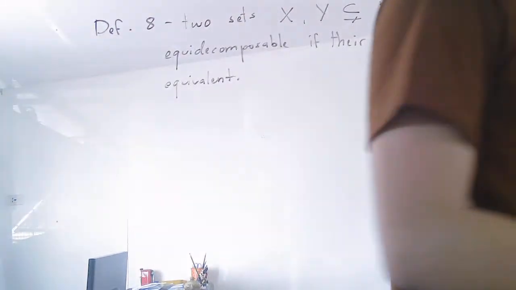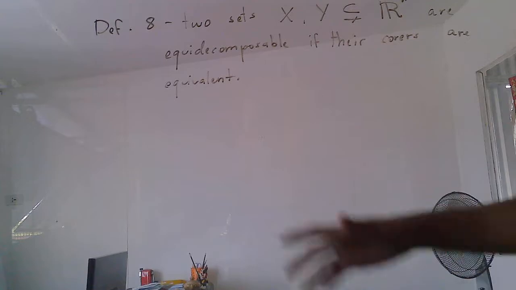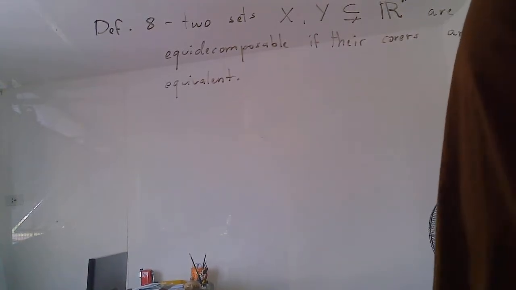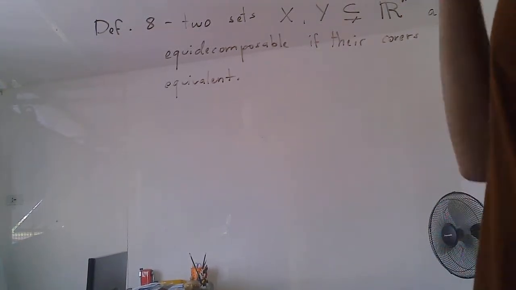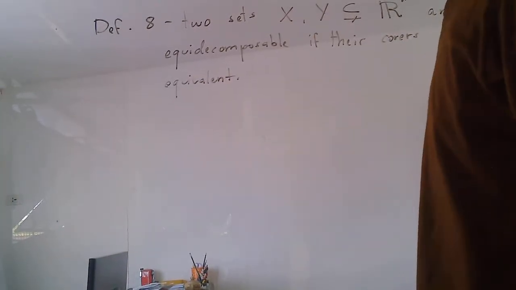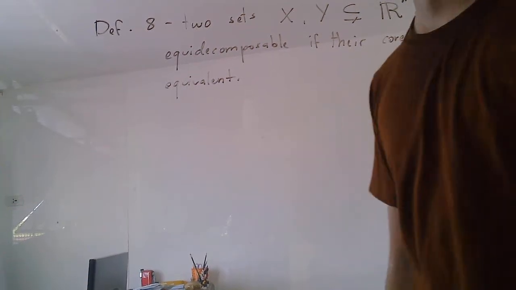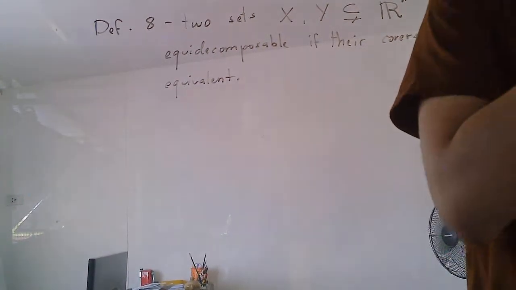Like how we express covers as breakdowns of a given set into unions of its subsets, right? A cover. Now we say that if we're able to break down X and Y into their covers, and their covers are the same, they're essentially equidecomposable. So it's now an abstract notion.